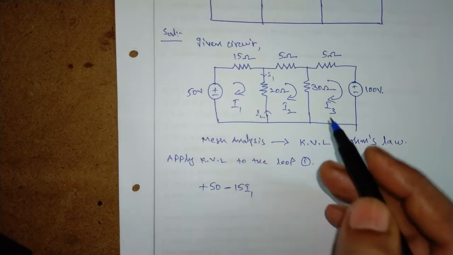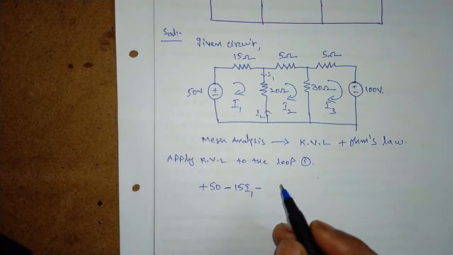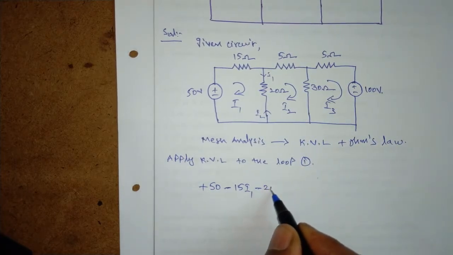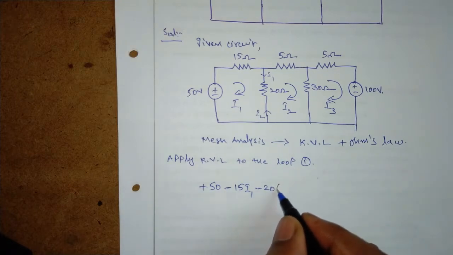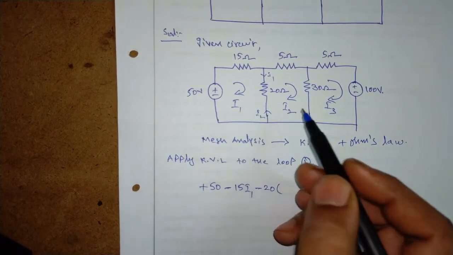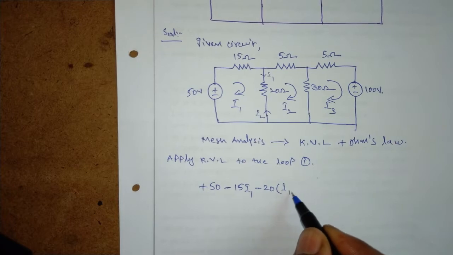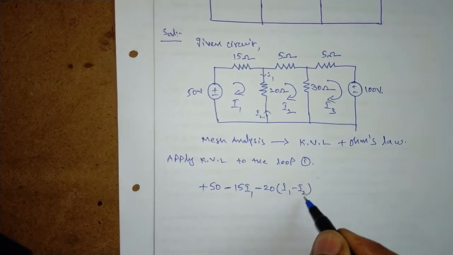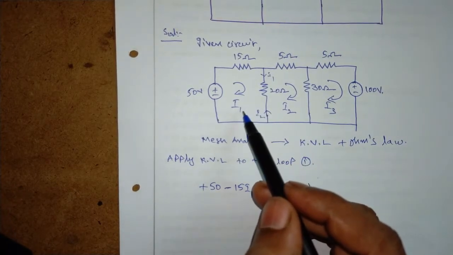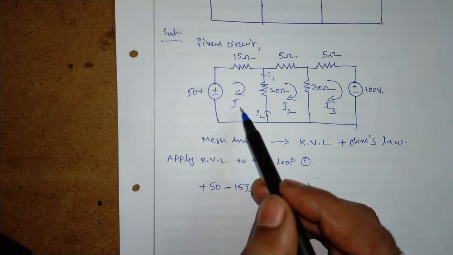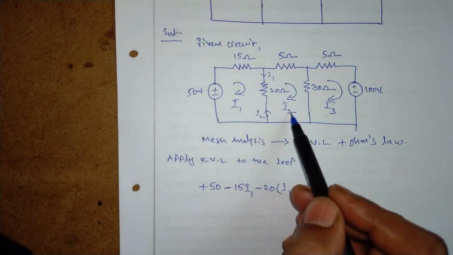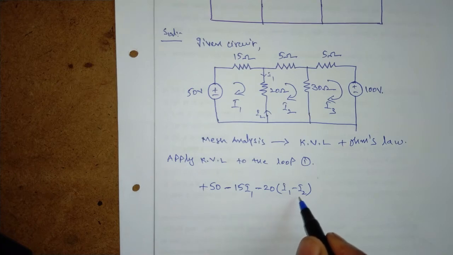Here it is a resistor. There we have a drop. Put minus 20. It is resistance into current passing through, that is the difference of I1 and I2. We write I1 minus I2 because we write the equation for loop 1. We consider loop 1 current is greater than loop 2 current. Then we write I1 minus I2.